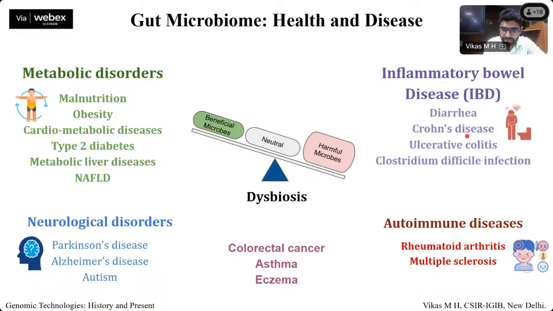And nowadays, with the population studies in place, we are able to see that this dysbiosis is also seen in neurological disorders and autoimmune diseases, and colorectal cancer and some of the allergic symptoms as well.